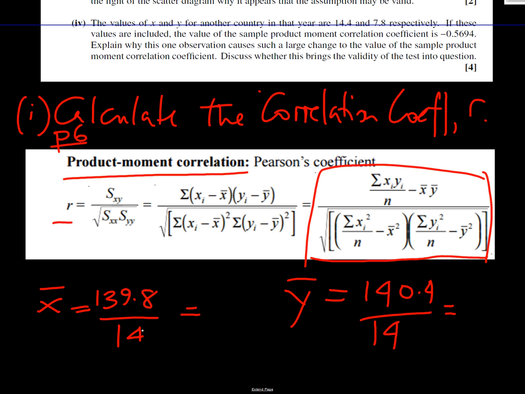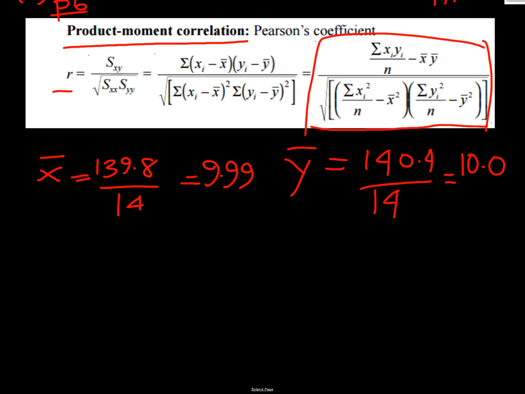So transferring those numbers down, we've got 139.8 divided by 14 equals 9.99, so leave it at that for three significant figures, and the other one is 140.4 divided by 14, which is 10.0.